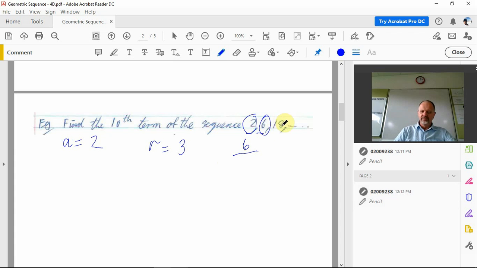I mean the biggest term number, not necessarily the biggest number. In this case term 2, which is 6, divided by the previous term, which is 2, and you get 3, and that will work for everything.